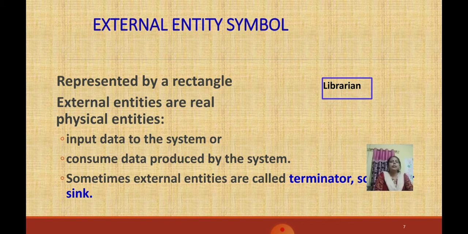The data which are given to the system, and the data that is output from the system, are external entities. So this is the symbol of external entity.